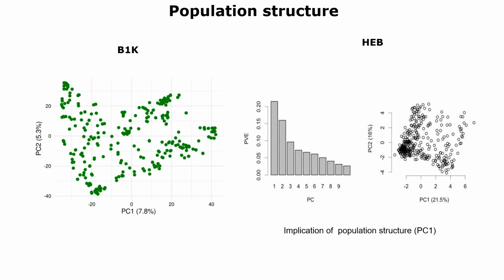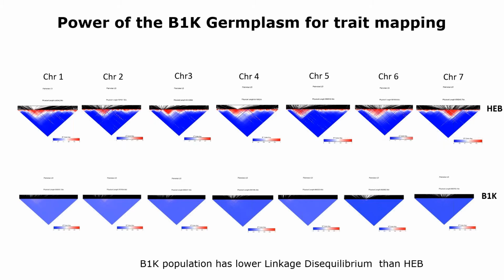For B1K, we didn't see a very clear population structure. Rather, in the Heb population, from the PCA plot, we do see some population structure exists in the system.